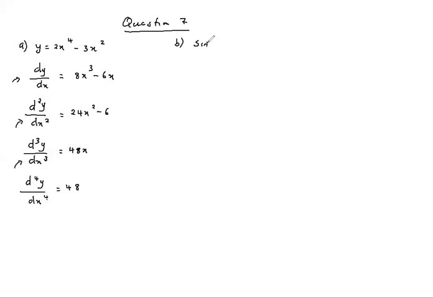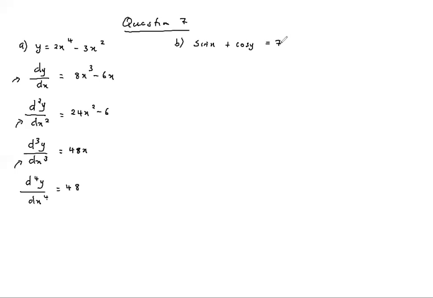B is sine x plus cos y is equal to 7. Okay, so we differentiate first. Now this one is implicit, so it may not go as far as 4.